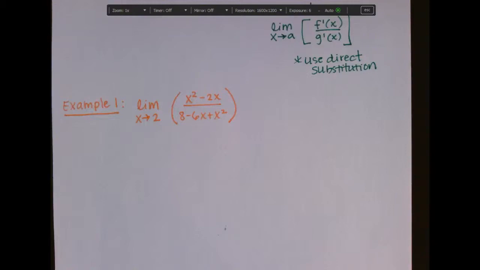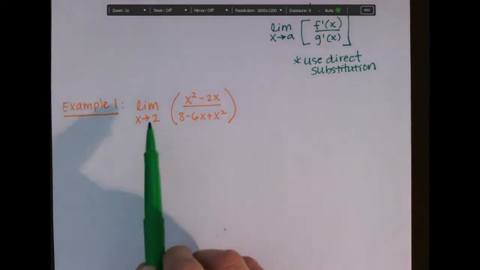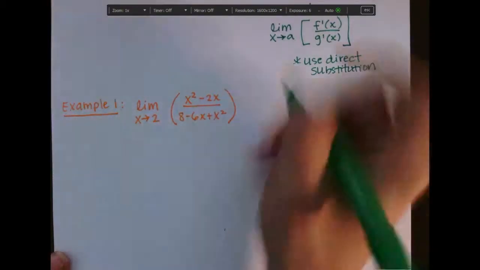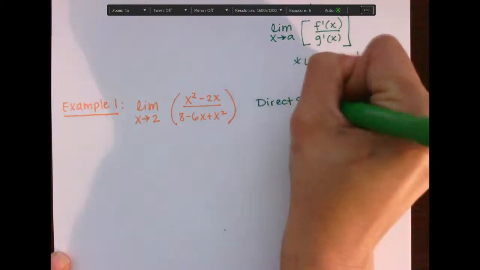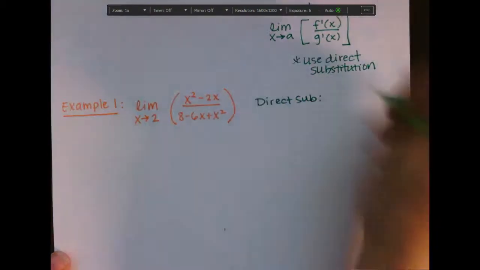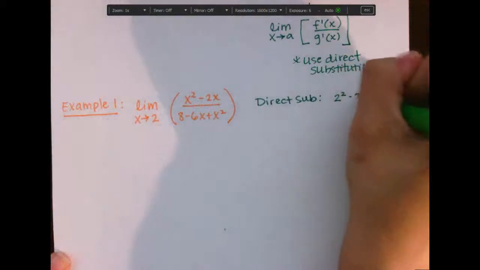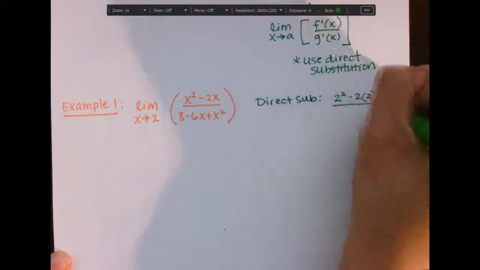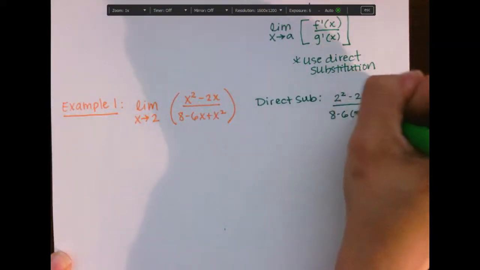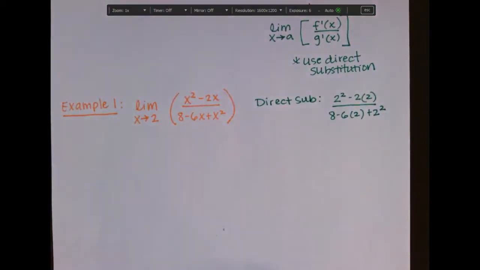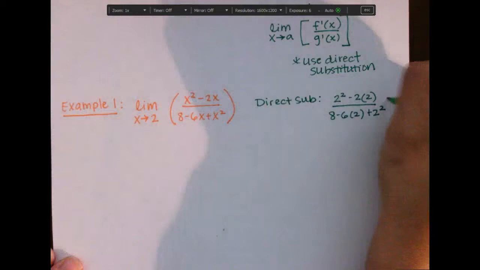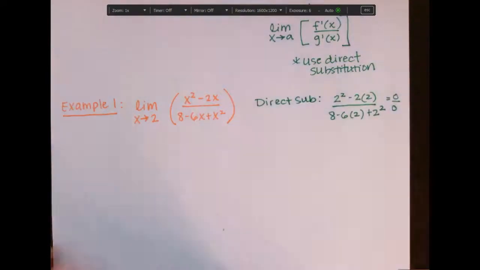One strategy was direct substitution, which is exactly what we would do here. We would have 2 squared minus 2 times 2 on the top, and 8 minus 6 times 2 plus 2 squared on the bottom. If you do a couple of quick calculations, you'll find that the top is 0 and the bottom is 0, and you're unable to calculate that to say what the limit would be.